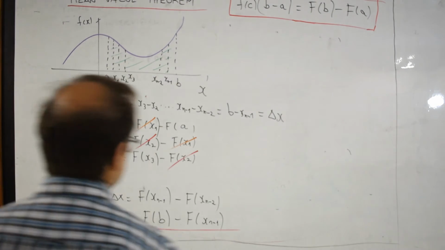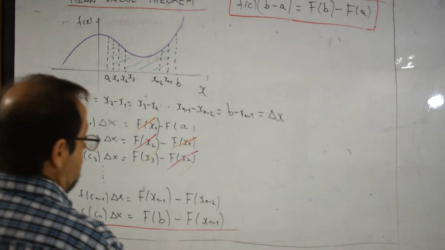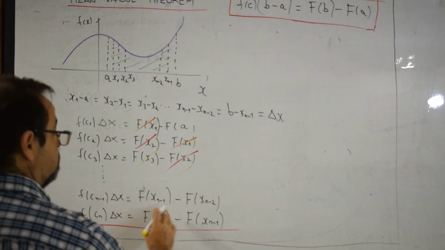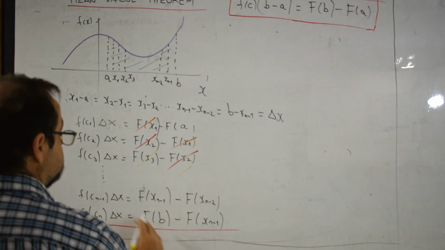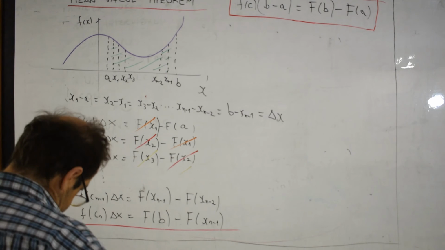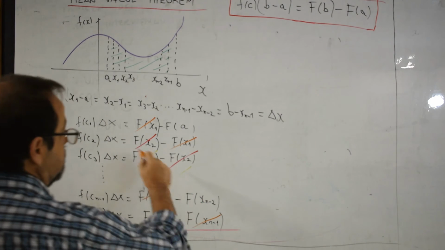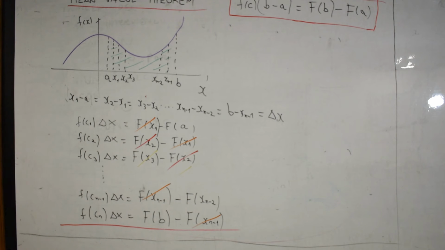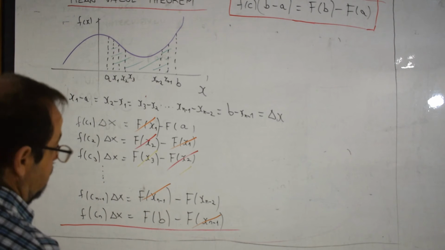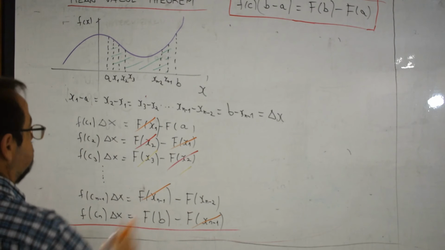This one will cancel with the following of this, and this one will cancel with a positive. This one cancels with this. This one will cancel with the forward. So the only ones that are left are F of b minus F of a.